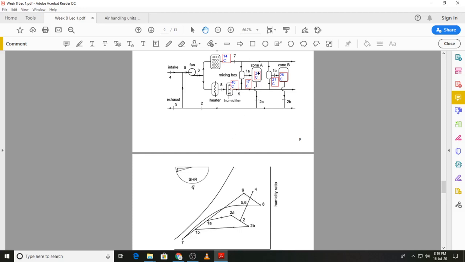The resultant state for zone A is 1A and the resultant state for zone B is 1B, and both these states are obtained by the adiabatic mixing of states 7 and 9, so those must lie on the straight line connecting 7 and 9. So you can see 1A and 1B.